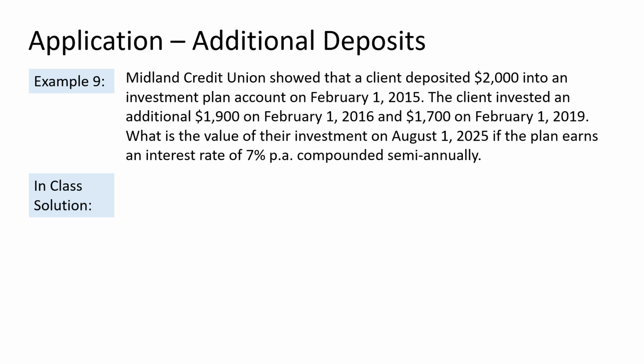But we always can start by constructing a timeline just to figure out how all of these events unfold. So looking at this timeline, we started today, I'll call it Feb 2015, with $2,000.